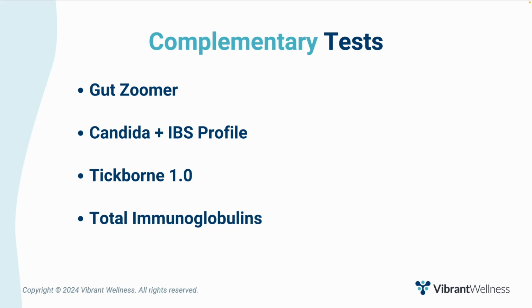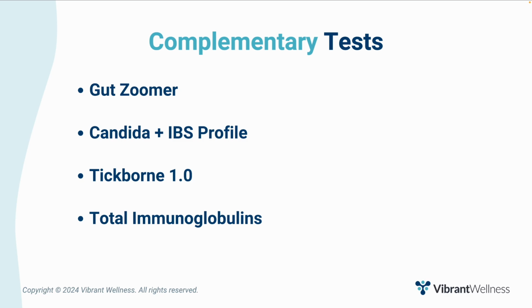In addition to the viral infections panel, consider the gut zoomer to assess for infections in the gastrointestinal tract, including parasites, viruses, fungi, and bacteria. Also, the Candida plus IBS profile to assess for immune responses to Candida and fungal infections within the body. And also the Tick-Borne 1.0 to assess for Lyme and co-infections.